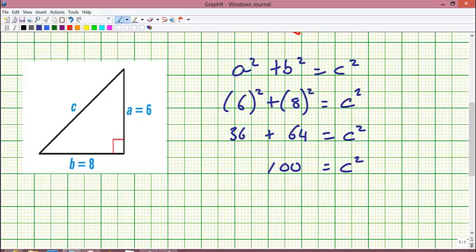So what we need to do now is to isolate c to work out what it is, and we will need to find the square root. So the square root of c squared is c, the square root of 100, well, this is quite easy, we should know this one, 10. So c equals 10 of whatever units it is. Okay? Nice, simple problem.